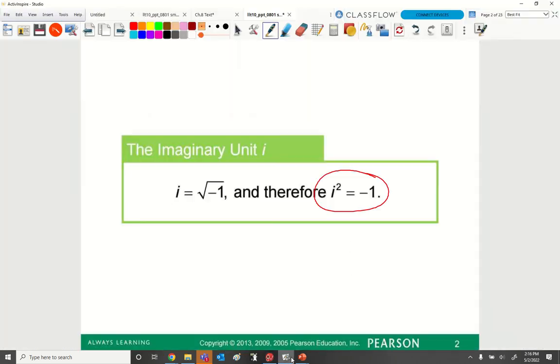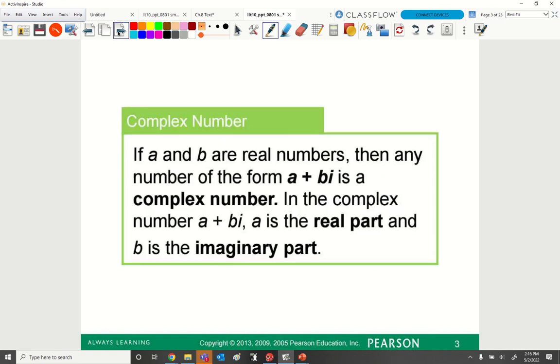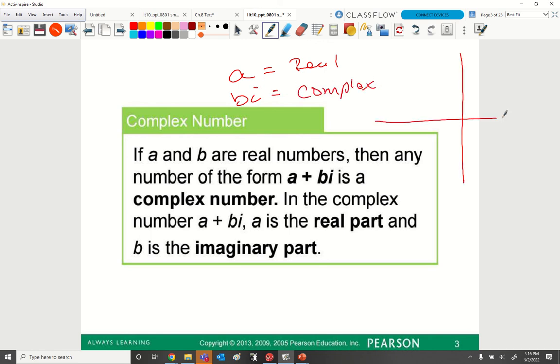So let's go ahead and take a look at this. This is the way to write a complex number, which is a + bi. a is my real part, bi is my imaginary part, meaning I have a direction here. This is my real direction.